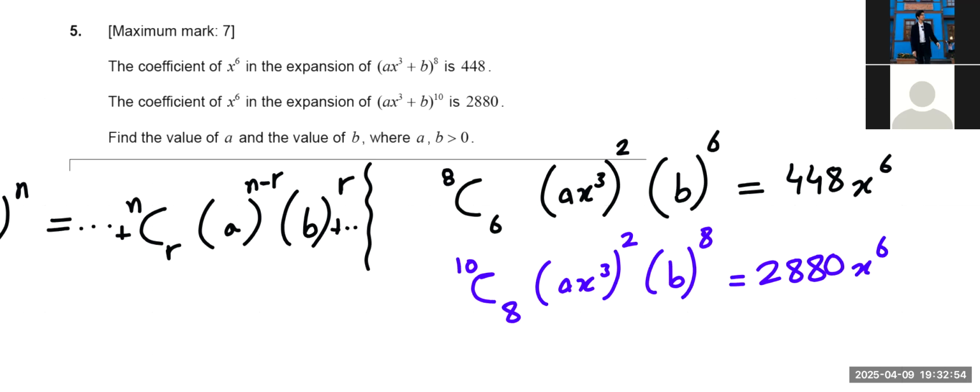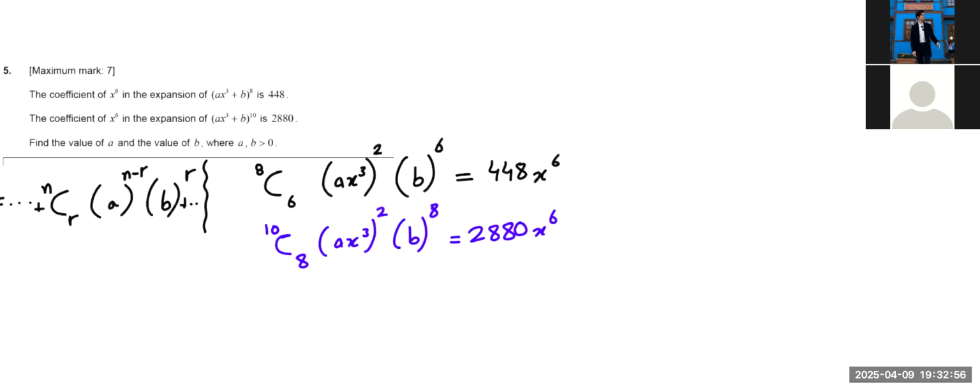Now, basically, we need to clean these up so that we have two clean equations that we can solve simultaneously. What is 8 choose 6 first? It is 28. So on the left side of this equation, we have 28 a squared x to the 6 b to the 6 equals 448 x to the 6. And over here I have 10 choose 8, which is 45.